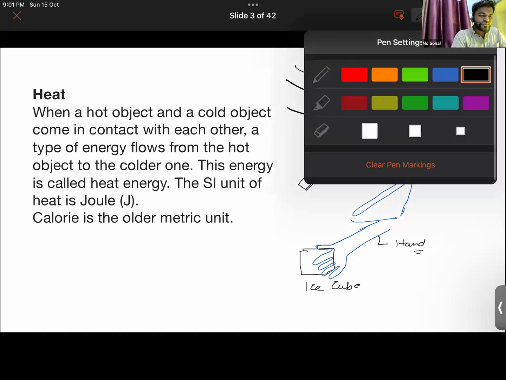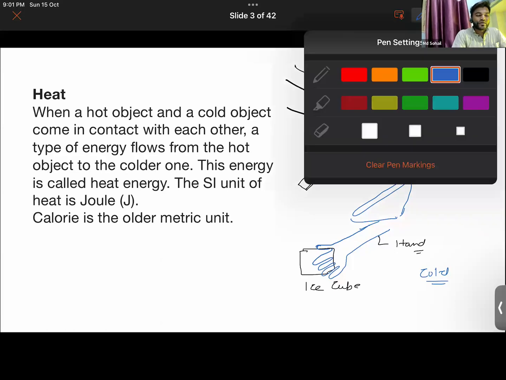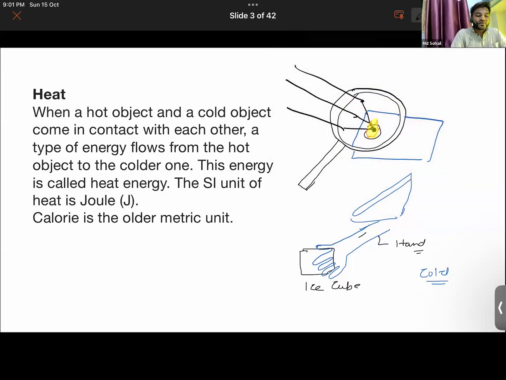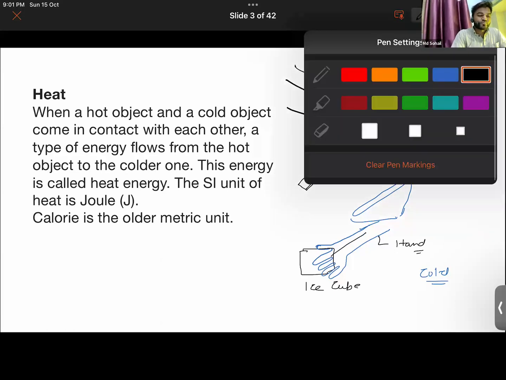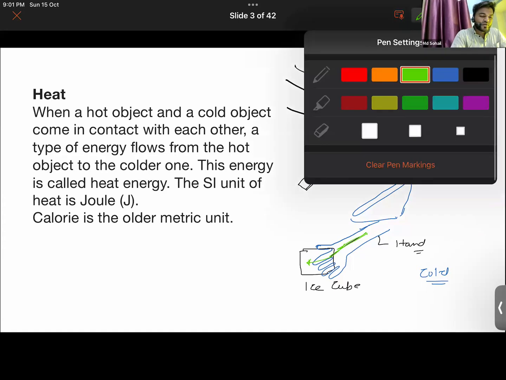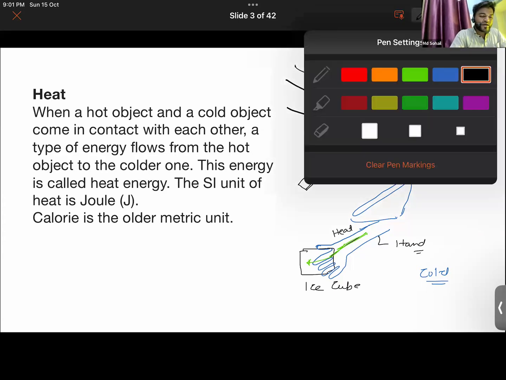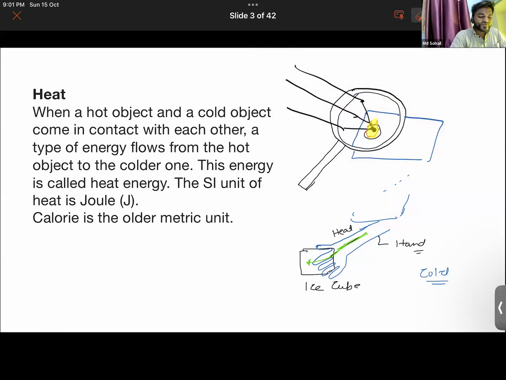Now, so I was saying that whenever we touch an ice cube, it feels cold because the heat from our hand transfers to the ice cube, right? So it is transferring to this ice cube over here. Thereby, heat is lost from our hand into the ice cube.